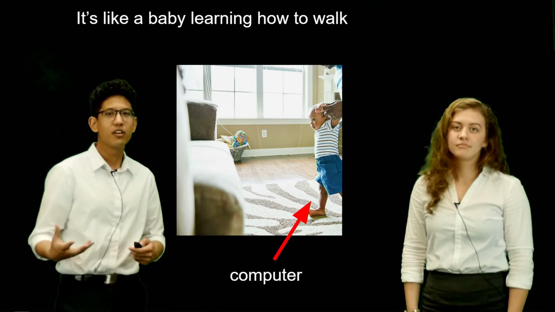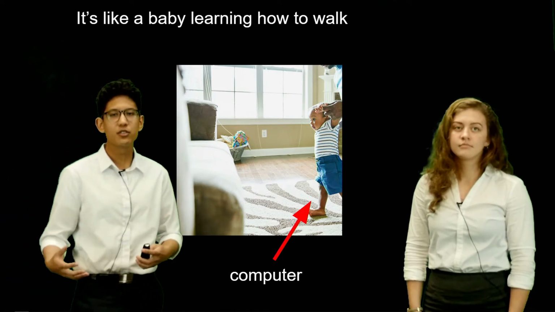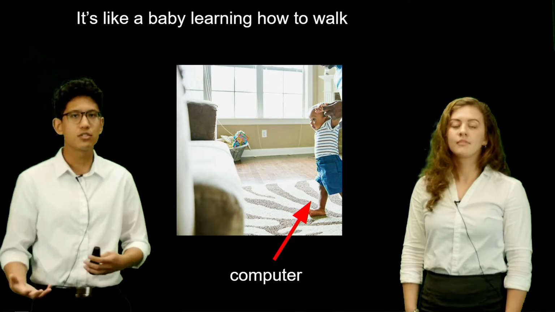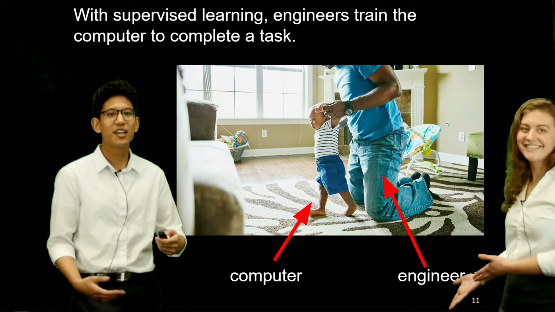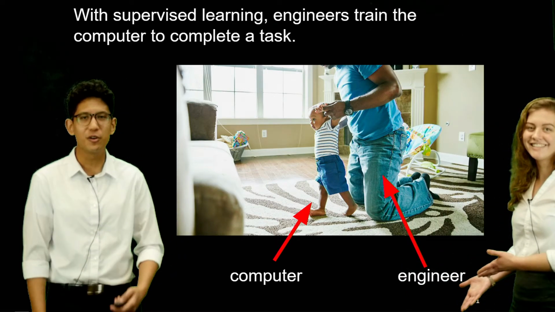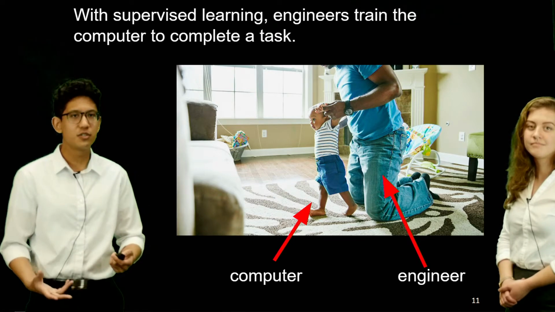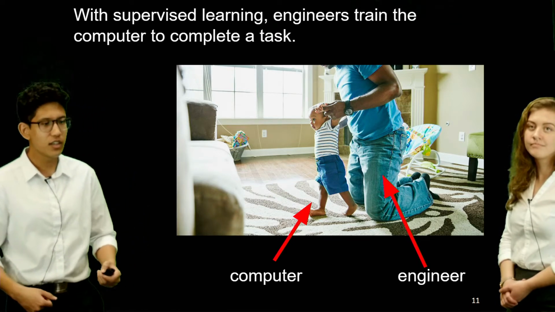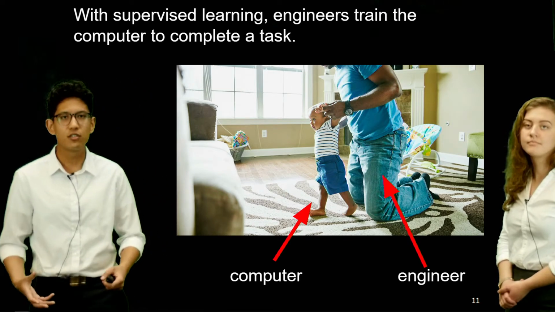Yep, and with enough practice and data, through machine learning, the computer is going to be able to do a certain task or solve a certain problem. Now, the engineer's job is kind of like the parent to the computer. He or she is going to help guide the computer through what's called supervised learning.